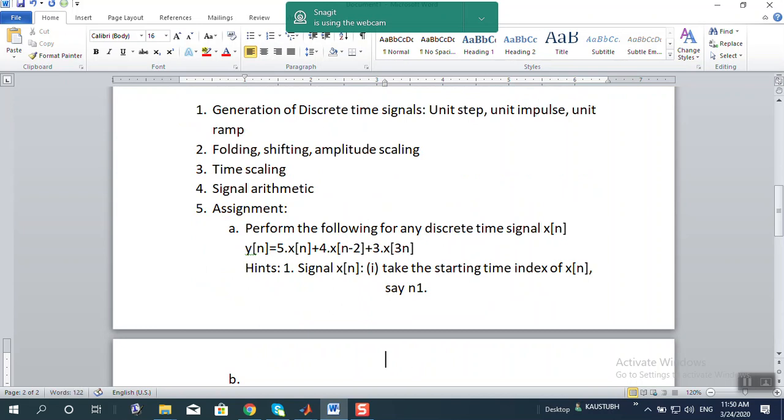Number 2, take the sample values of x of n.